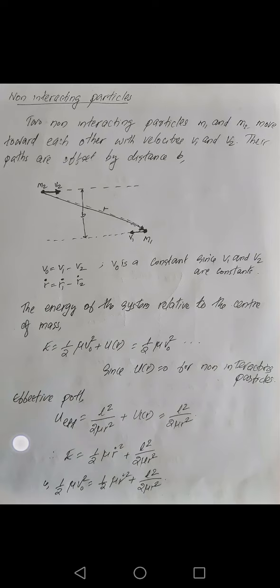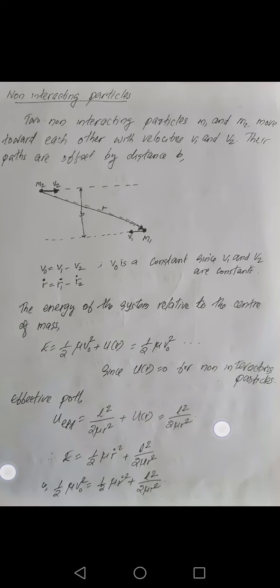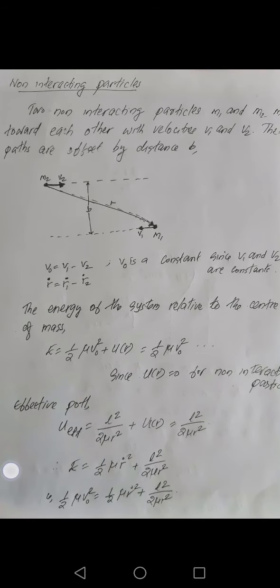Energy is half mu r dot square plus U effective, where U effective is L square by 2 mu r square. So we have two notions. One is E is equal to half mu v0 square. The other is E is equal to half mu r dot square plus L square by 2 mu r square. Since both are the same, we can equate them. Therefore half mu v0 square is equal to half mu r dot square plus L square by 2 mu r square.